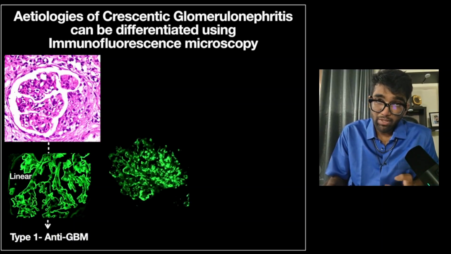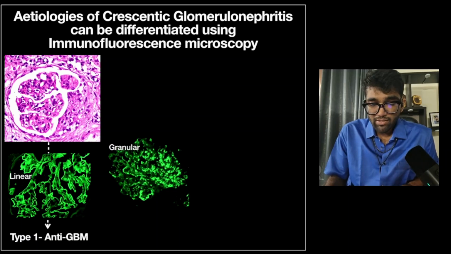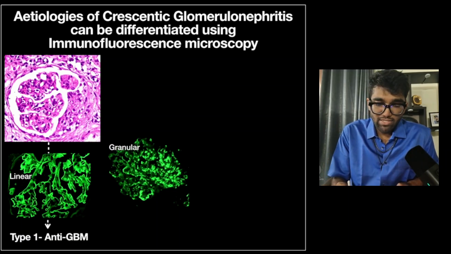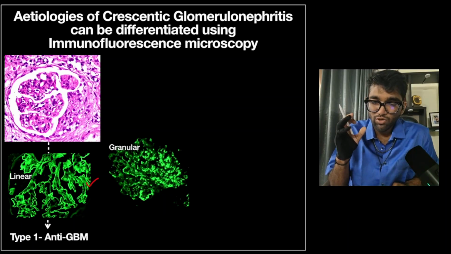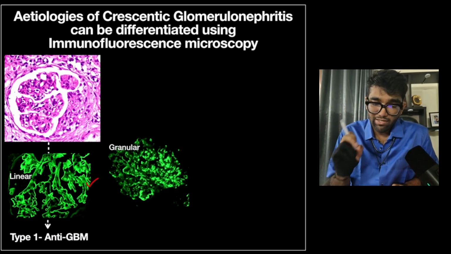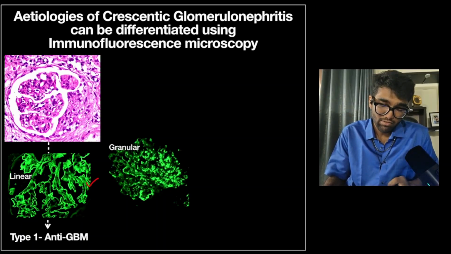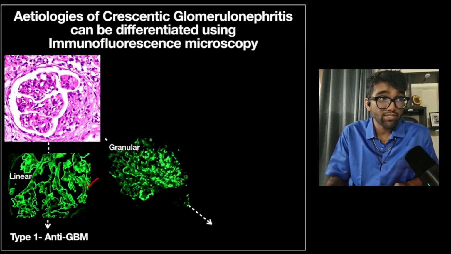Rapidly progressive glomerulonephritis. The second pattern is granular. As you can see, unlike the first situation, here it's almost as if some table salt has been sprinkled over there. So there are granules of immunofluorescence that are being seen. If that is the case, then it is antigen antibody mediated.